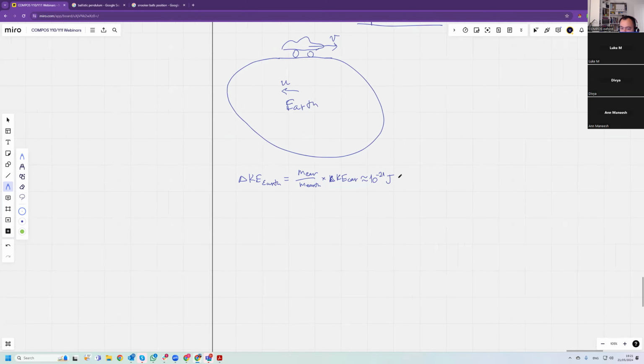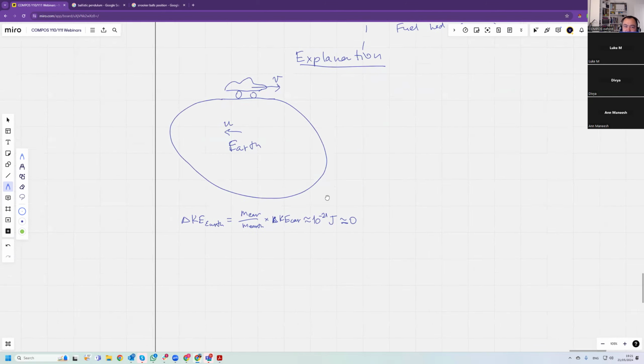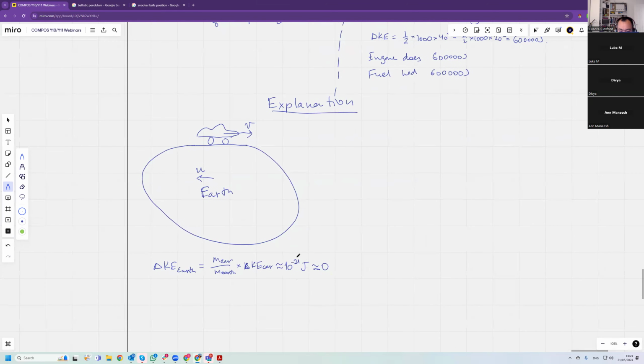So it's literally zero. The change in kinetic energy of the Earth is minuscule.